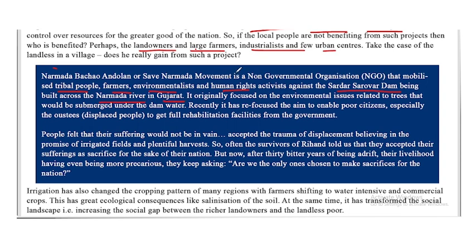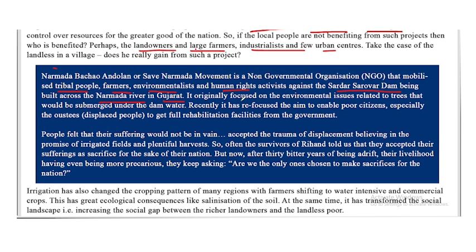It originally focused on the environmental issues related to trees that would be submerged under the dam water.